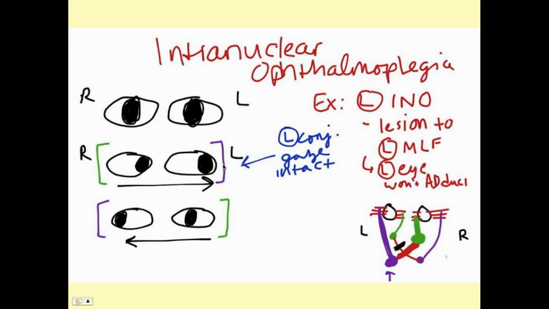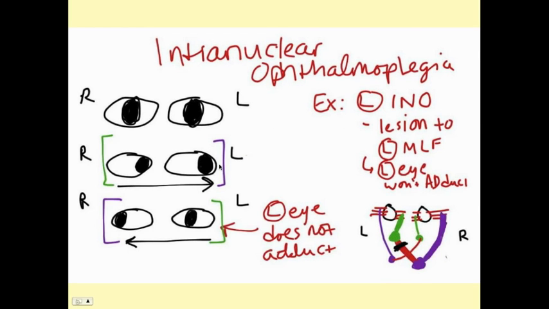Here's our problem. If we want to look to the right, we have to activate our right abducens nucleus. Now that's fine for our right eye. Our right eye, there's no problem because the MLF has nothing to do with the abducens nerve that goes to the lateral rectus. So the abducens nerve is perfectly intact. The right eye can move to the right, and we see it does right here.